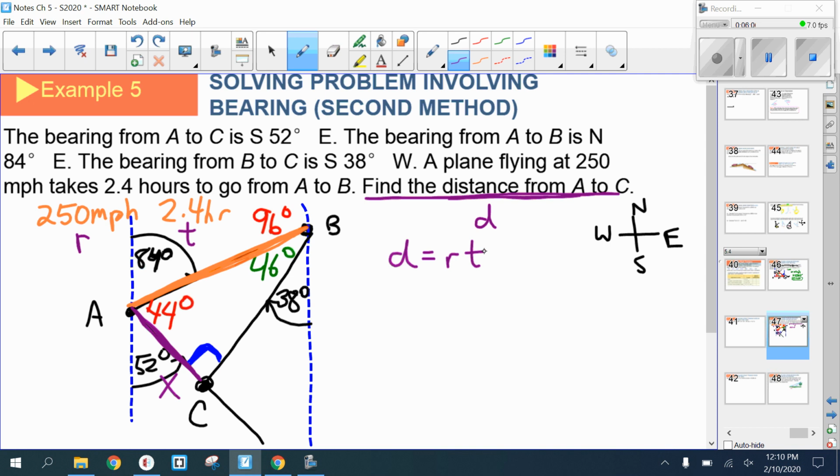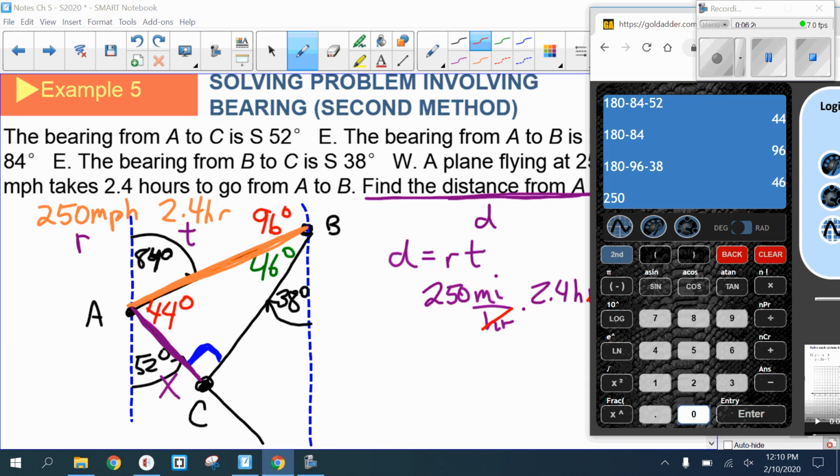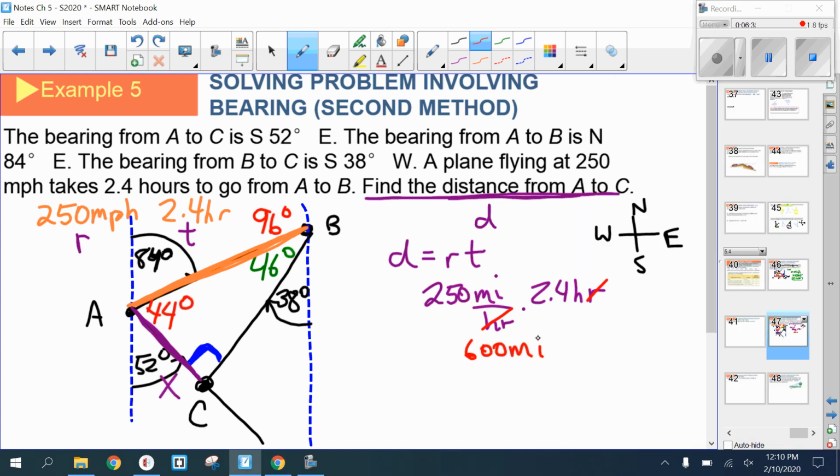So we can find the distance from A to B. 250 miles per hour times 2.4 hours gives me a distance. Those hours are going to cancel. 250 times 2.4 gives me 600 miles. They didn't come right out and tell me 600 miles, but we can figure out that that's 600 miles.